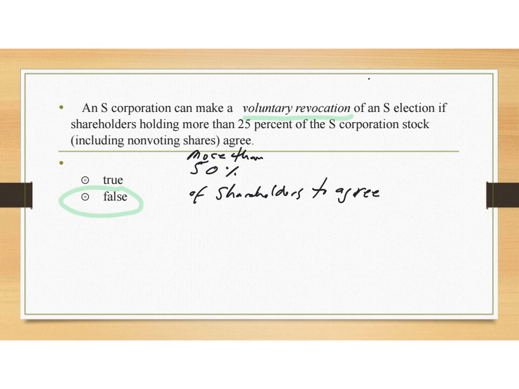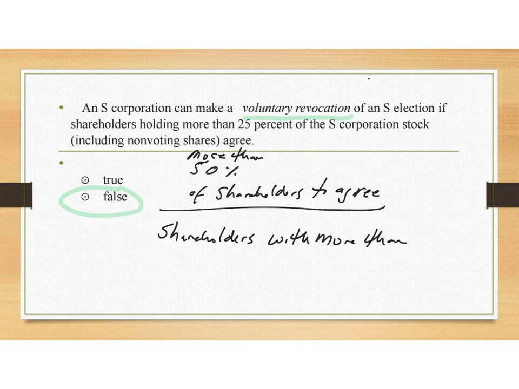I said 50% of the shareholders, but essentially it's shareholders with more than 50% of the stock. So yes, you can voluntarily revoke your S corp status, but you have to control more than 50% of the stock in order to do it.